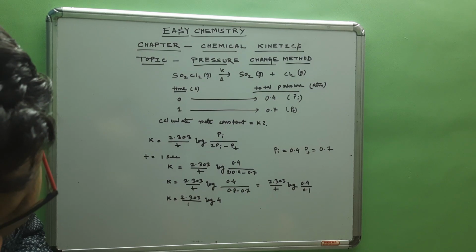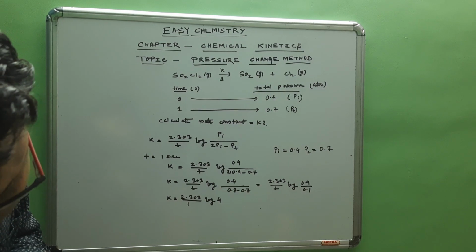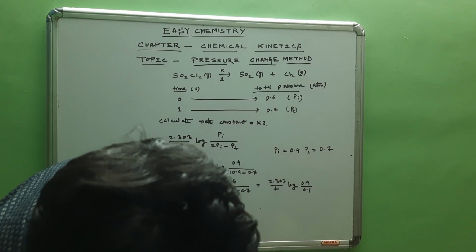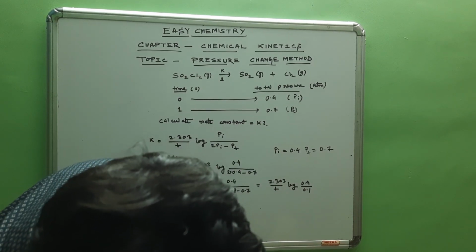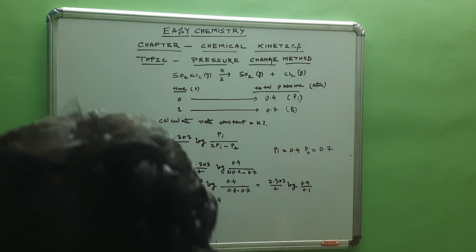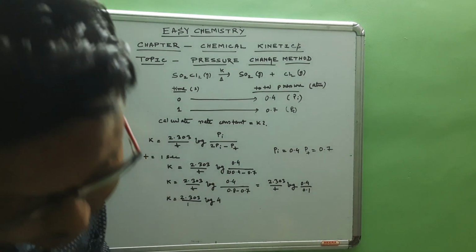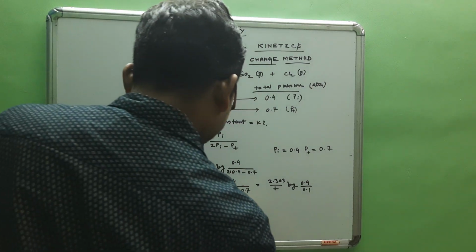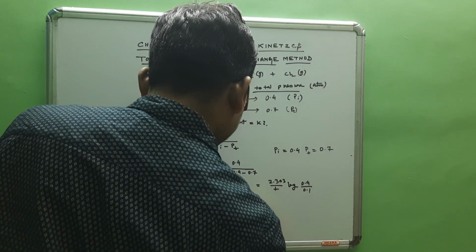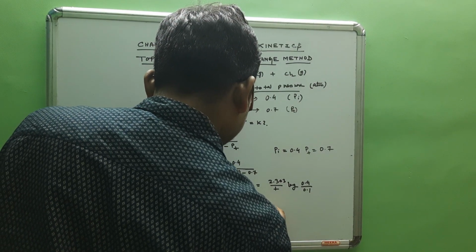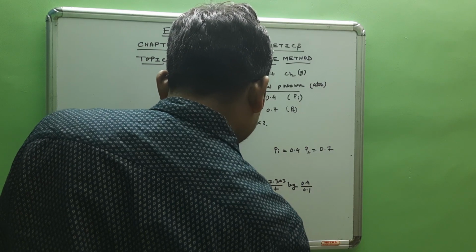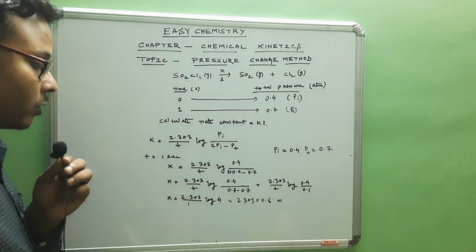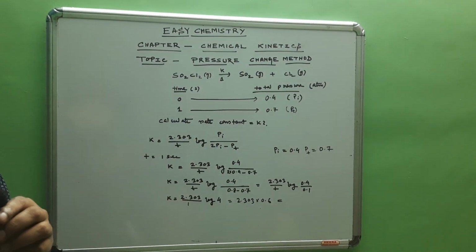What is the value of log 4? Here it is given that the value of log 4 equals 0.6.